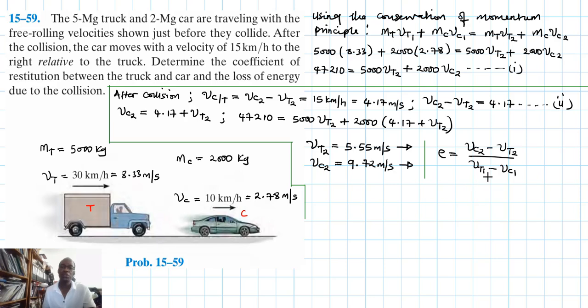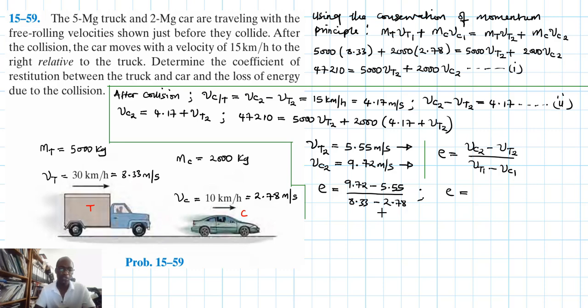So our e is VC2, which is 9.72, minus VT2, which is 5.55, divided by VT1, which is 8.33, minus the other one, 2.78.